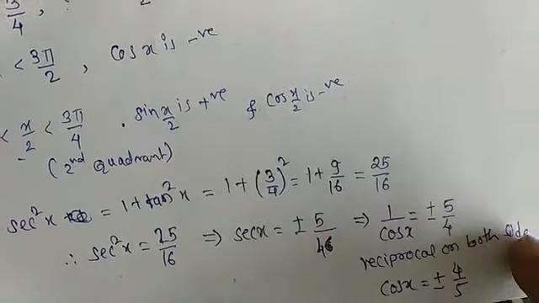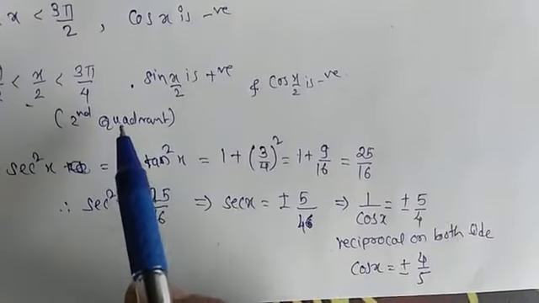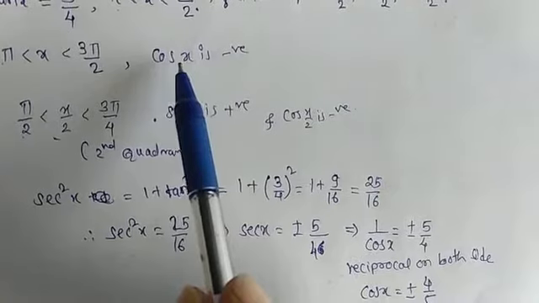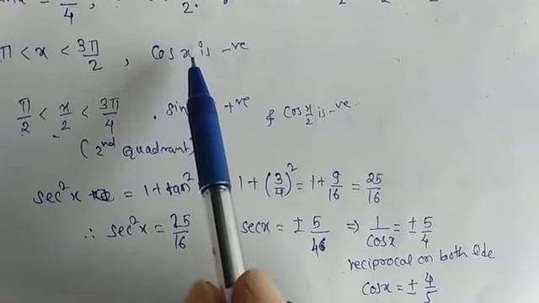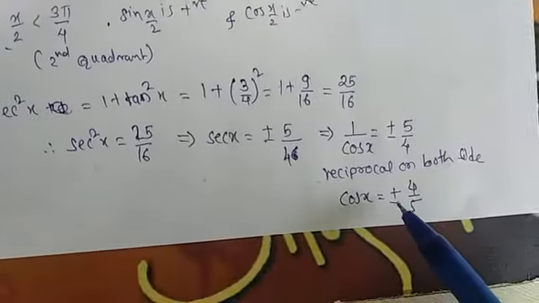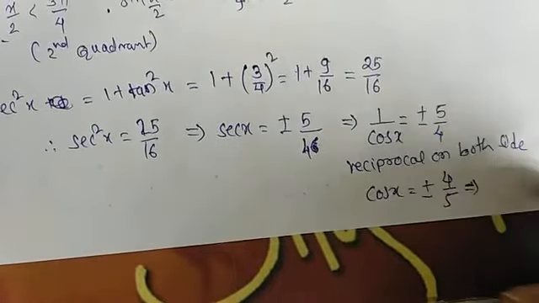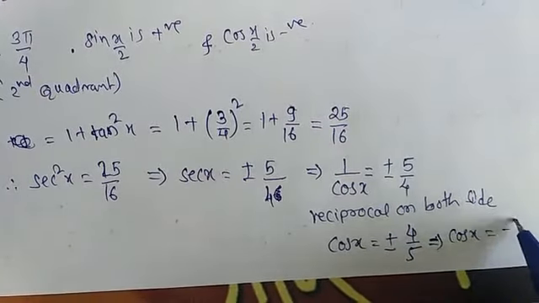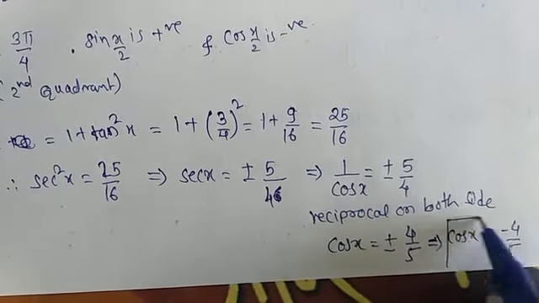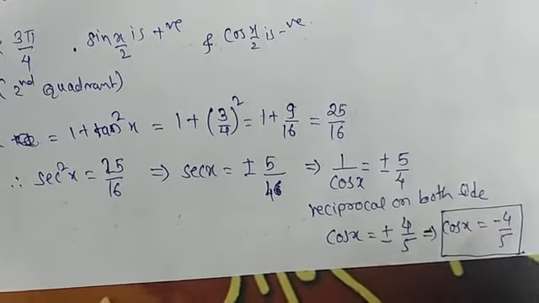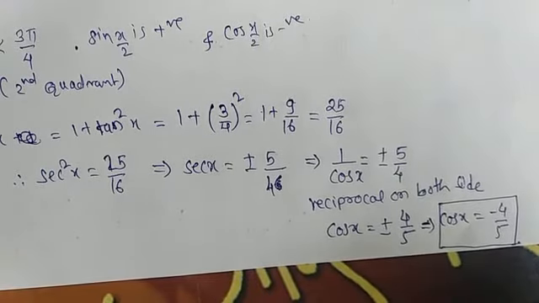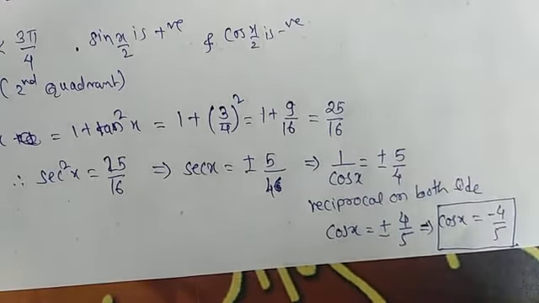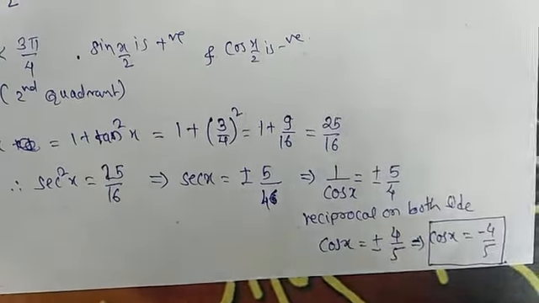Since x lies in the third quadrant, in which cos is negative, cos x is equal to minus 4 upon 5. So here we get the value of cos x. We require the values of cos x by 2 and sin x by 2. So cos x is equal to minus 4 upon 5, which is our first value.